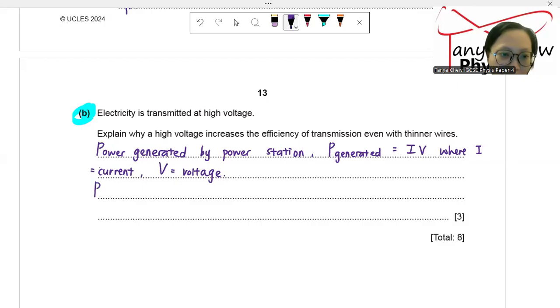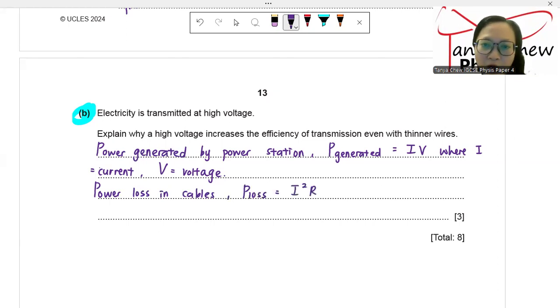And then power loss in cables. This power must be transmitted through wire cables, so of course some of the power will be lost in the cables, which is P loss equal to I squared R, because the wires are being connected one after another. This is series, where R is equal to resistance of wires.